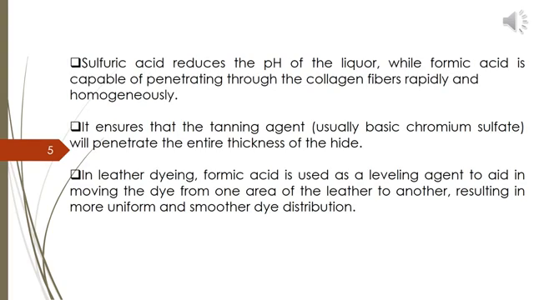This homogeneous and rapid penetration of formic acid into the collagen fibers ensures that the tanning agent, usually basic chromium sulfate, or any other tanning agent used, will penetrate the entire thickness of the hide.